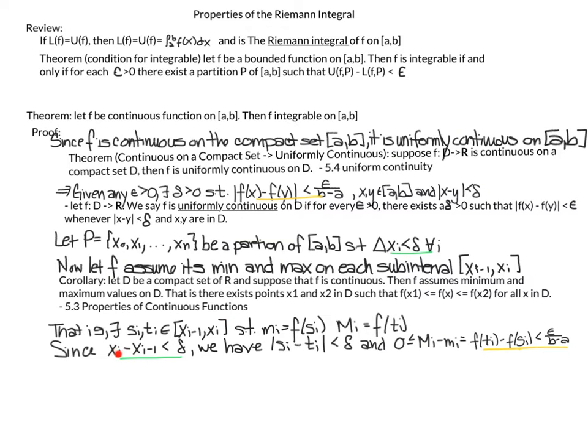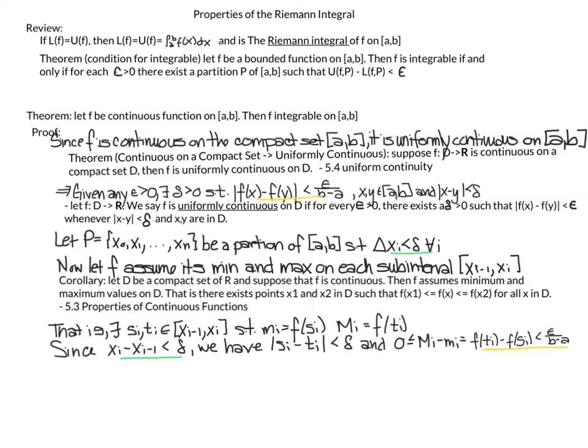And since x sub i minus x sub i minus 1, the length of our interval, was chosen to be less than delta, I highlighted these two things in green so you can see where they tied in. We have that |s sub i minus t sub i| is less than delta because the whole interval is less than delta, so the distance between the infimum and supremum points also has to be less than delta.